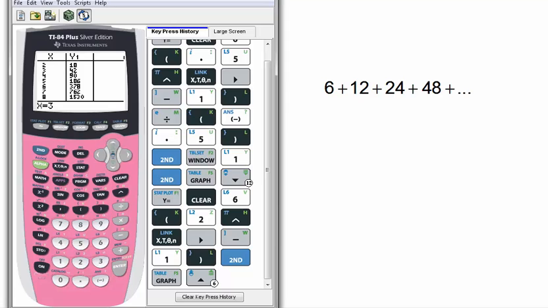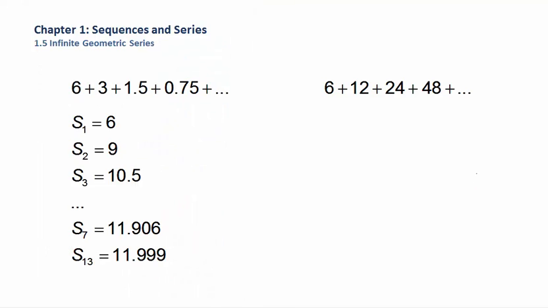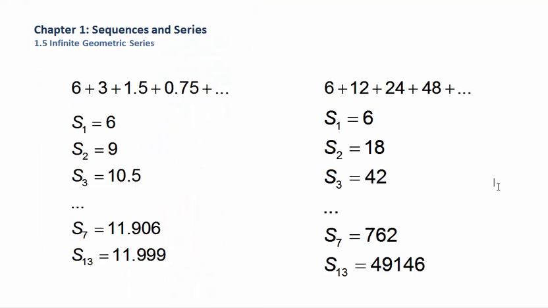And you can see here, the first sum is 6, the second sum is 18, third sum 42, and so on. But these sums, rather than slowing down, seem to be getting larger and larger, so by the time we get to the 13th sum, we're up at 49,146. The first series getting closer and closer to a value of 12, well, the sum of the second series is really going off to an unlimited value, to infinity.